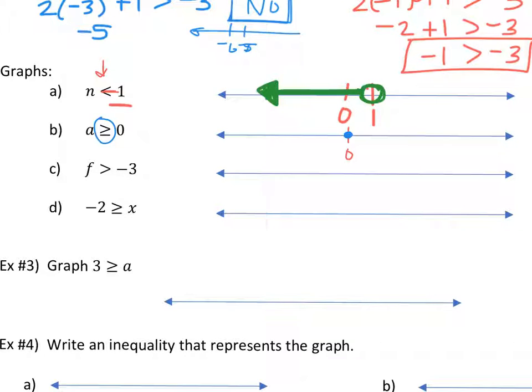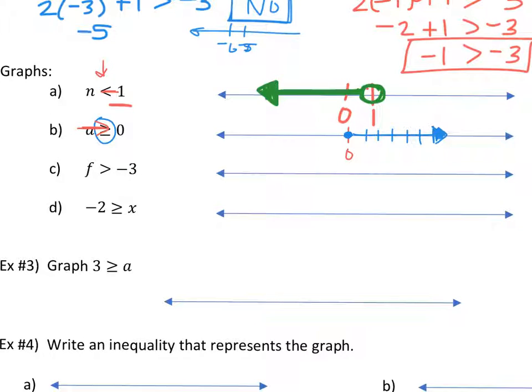Okay, and then your arrow, if we draw an arrow in, that arrow is pointing to the right. So you're going to shade to the right. Think about what that means. A is greater than or equal to 0. So 1, 2, 3, 4, 5. Those are all greater than 0. Okay, so those would be good answers. I don't need those little hash marks. You just need the 0, the point, and the arrow.